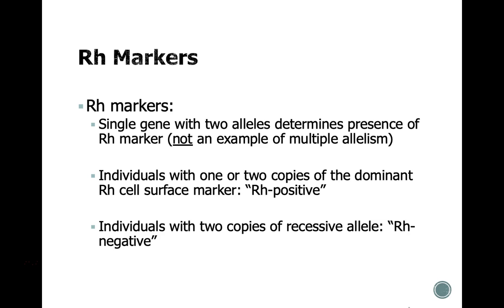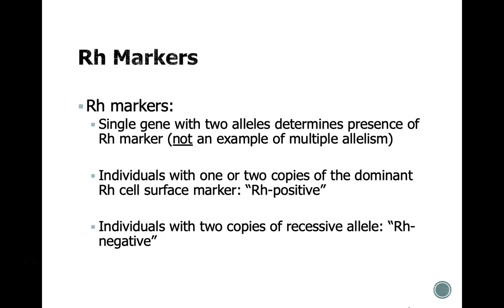So there's one more marker on our blood that affects our blood compatibility. Now, this is called the Rh factor, and this is responsible for the positive and the negative. So you might be O negative or A positive in your blood type if you know it. The Rh markers operate under a single gene with only 2 alleles.